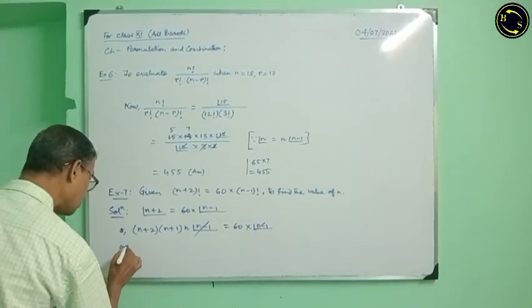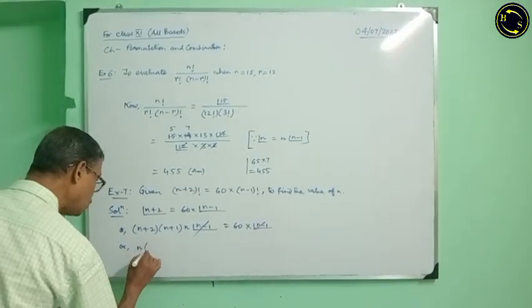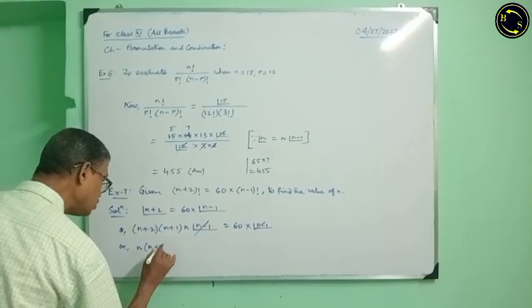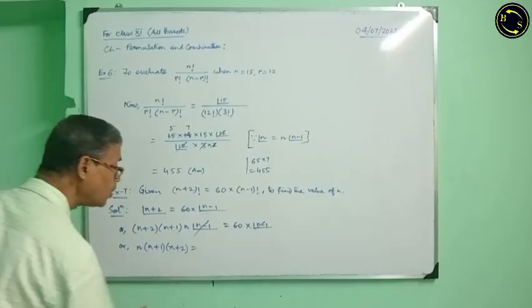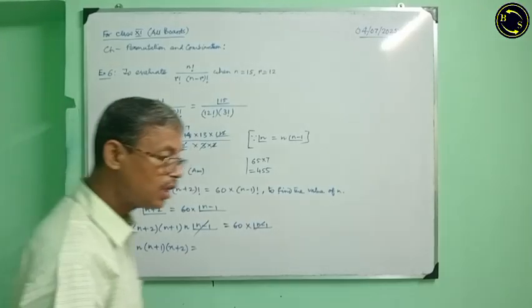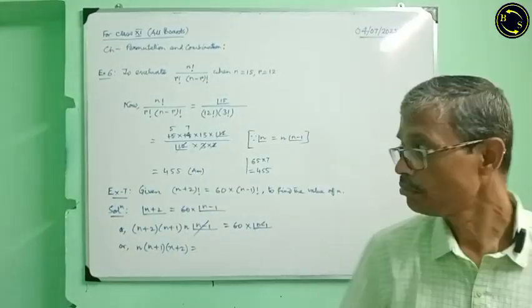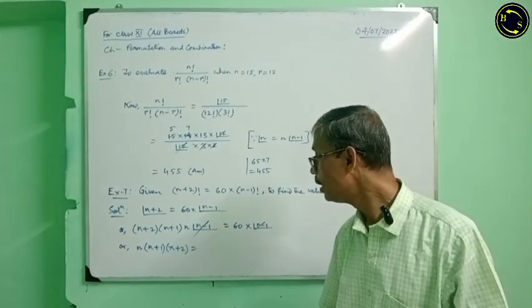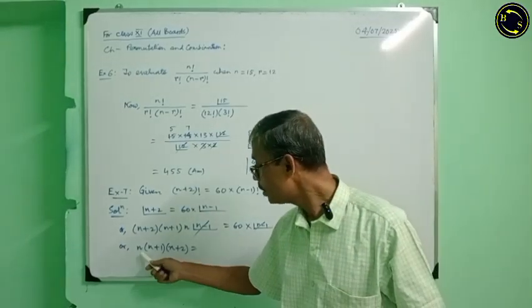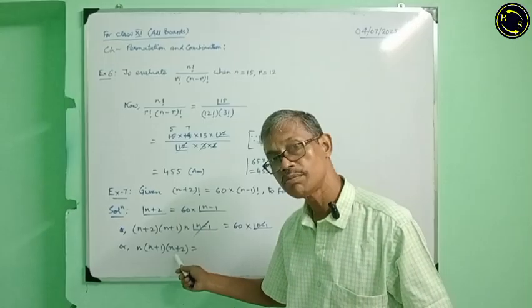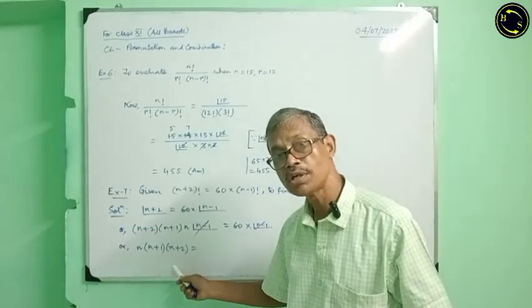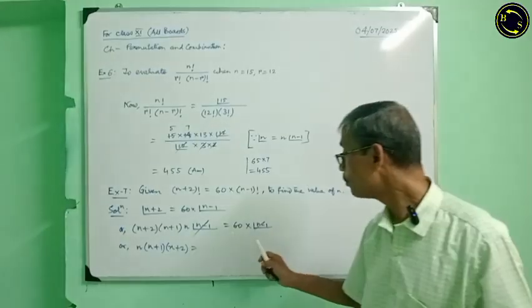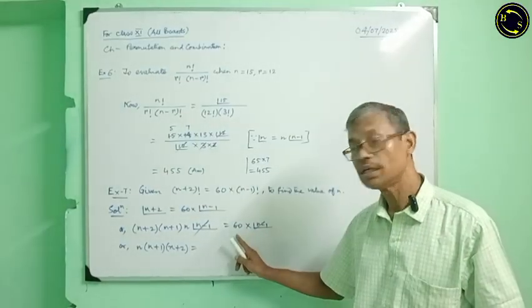Then this is n into n plus 1 into n plus 2, that is equal to 60. Now one thing I must discuss here. Here you see, these three are successive numbers. Product of three successive numbers. Now on the right side we have 60.